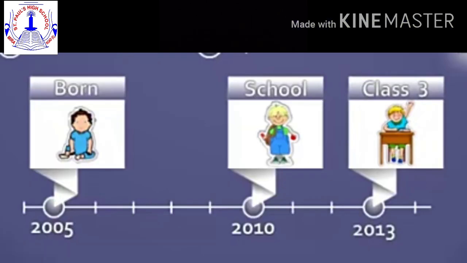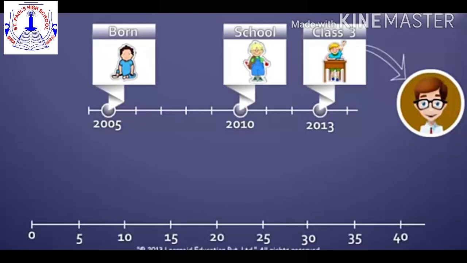Rohan was born in 2005. He got admission in school in 2010. He is studying in class 3 in 2013. Now let's mark Rohan's father's life events on the timeline. Rohan's father is of 40 years.